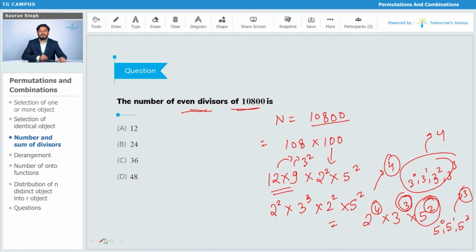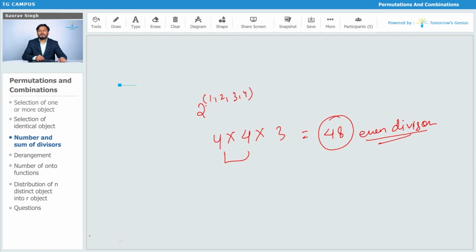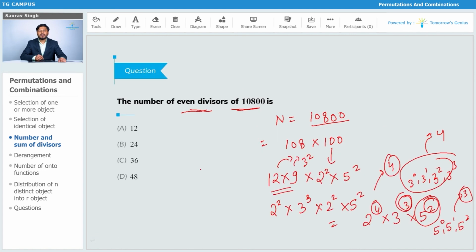So in total we'll have 4 into 4 into 3. 16 into 3 is 48. So in total 48 even divisors. We are considering 2 raised to the power 1 as the minimum because we need at least one power of 2 to make it even. So option D, 48.